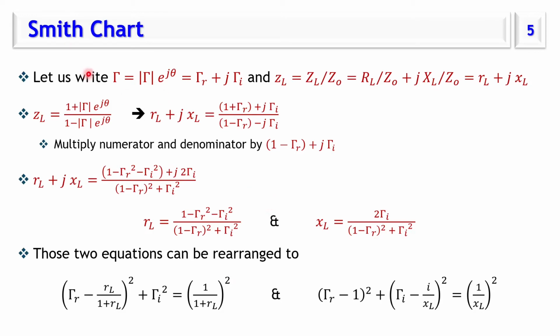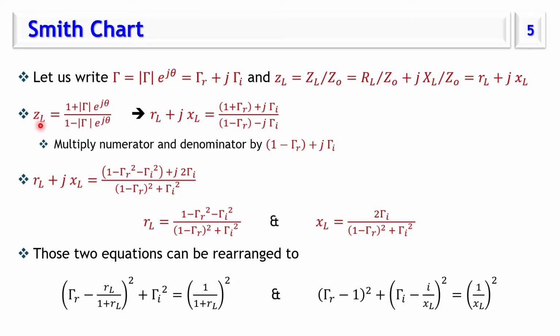If we write the reflection coefficient in Cartesian form, into two components, a real component and an imaginary component, the same thing for the load impedance, again, lowercase means normalized, which equals the real component plus j multiplied by the imaginary component.